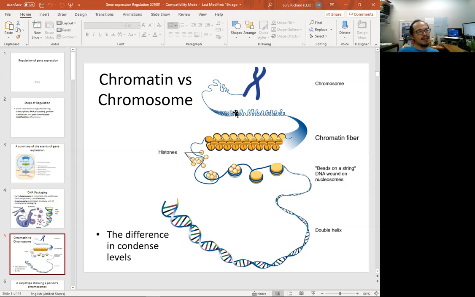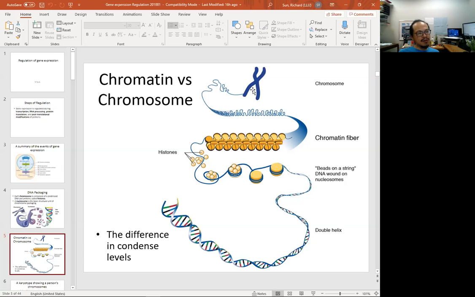And the difference between chromatin and chromosome is basically how condensed it is packed. These two are the same in that they are DNA packages, and they can include the DNA and the histone. So this is already there. It's just that from the chromatin into the chromosome is further condensed.